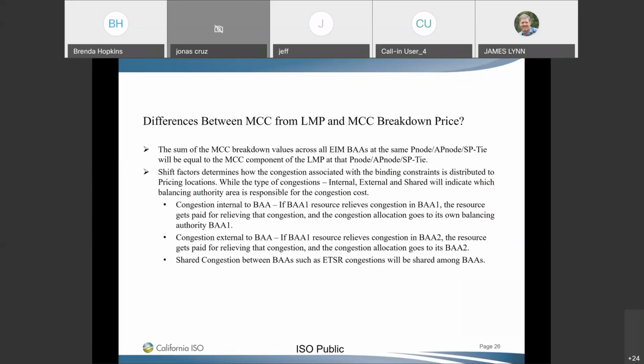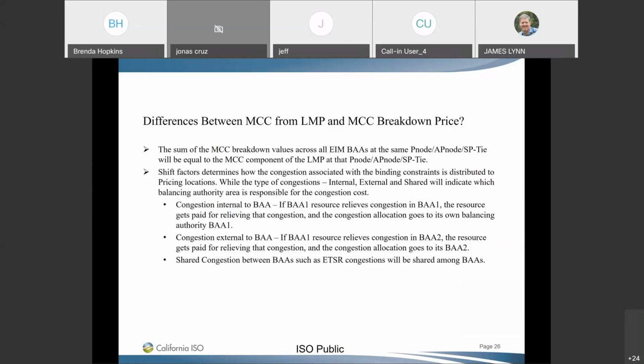So that generator, if it's only resolving that particular load pocket need, and it doesn't resolve any other congestion constraints, then that resource's total marginal cost congestion will say BANC.